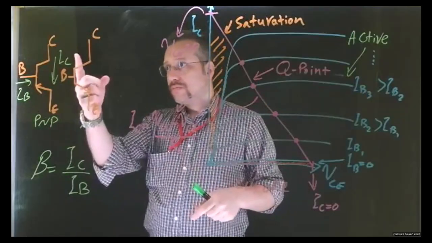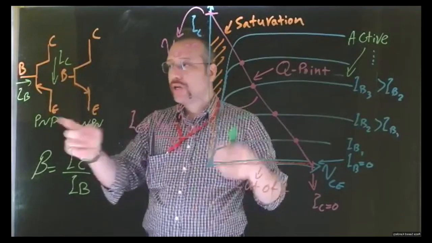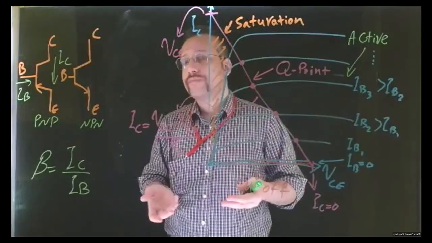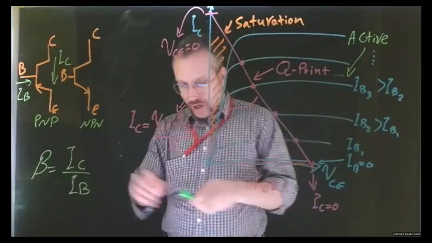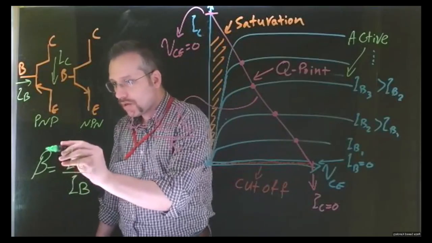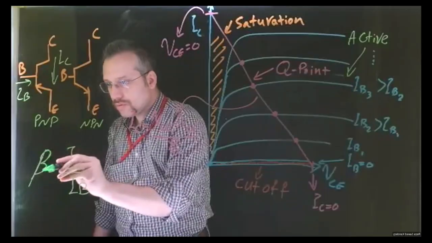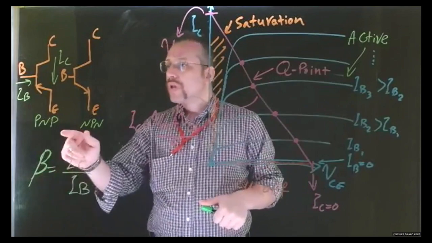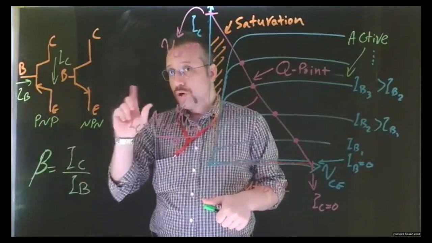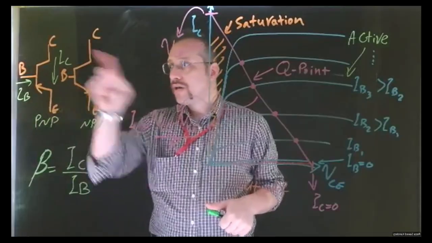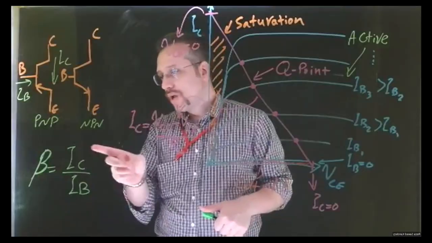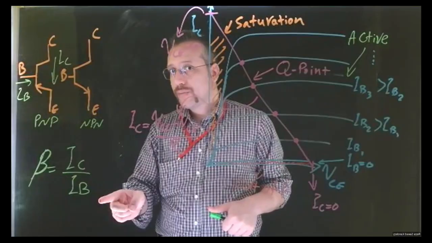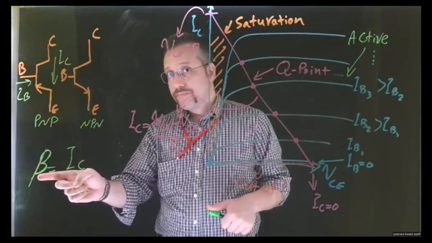So IC is a function of IB. Now, what is that function? It is a constant proportion named beta. I don't want you to confuse that with other B's. Beta is the gain, the coefficient between the base current and collector current. So the current of the collector divided by the current of the base is beta.